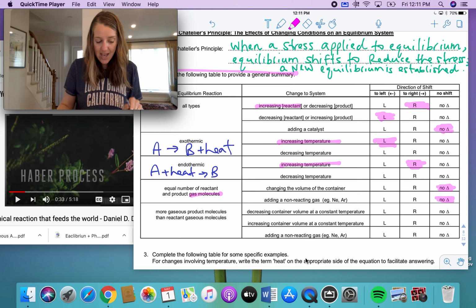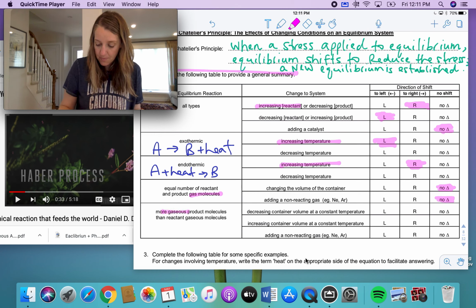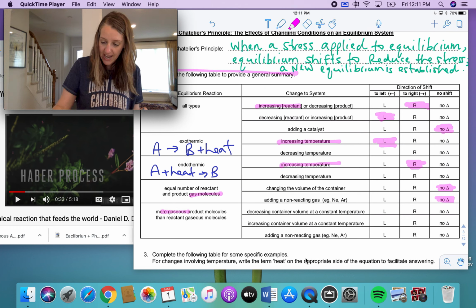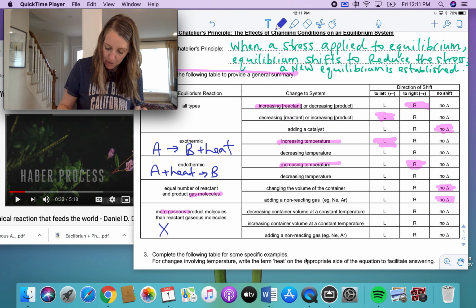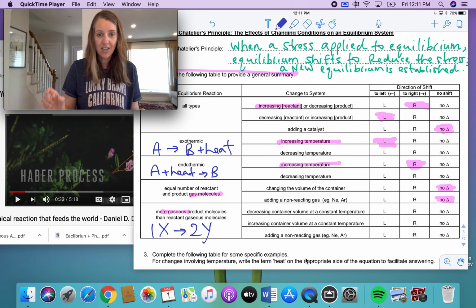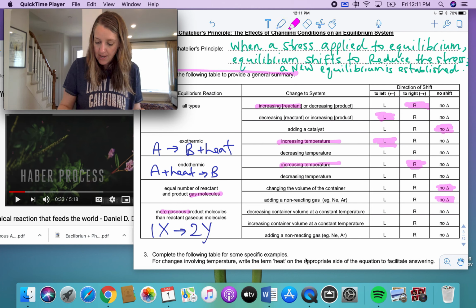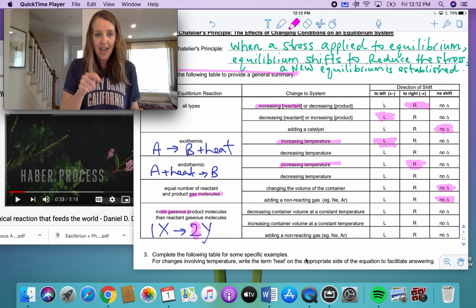And if you have things that are different, so let's say you've got a system where you've got 1X on this side and 2Y products on this side, okay? If you have more gaseous product than the gaseous reactants, what's going to happen?